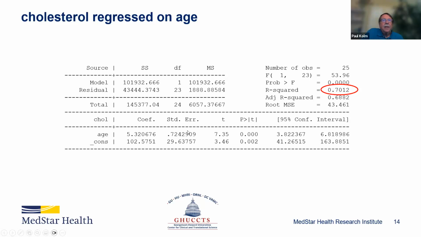The information here also tells us the regression coefficient, which in this case is 5.3. What this means is that for every year increase in age, cholesterol increases by 5.3 units.